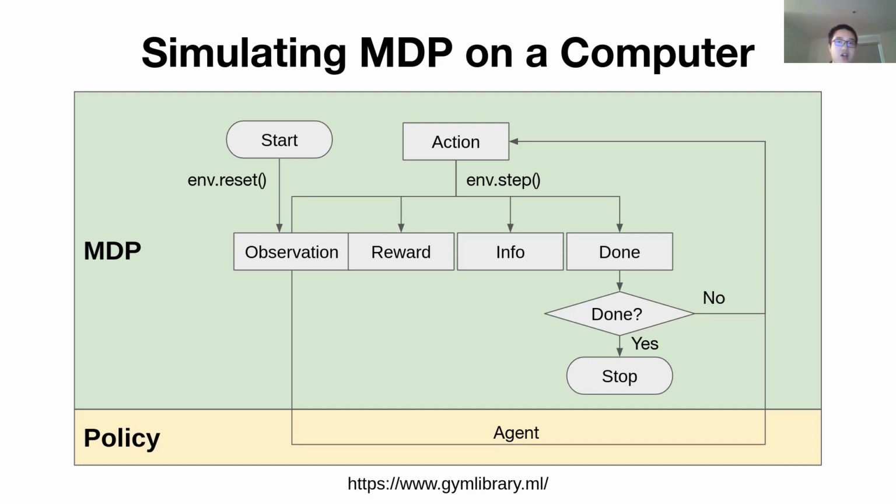And then we call step with the action. The step function is a combination of transition and reward of the simulated MDP. Here, environment builders would implement the reset and step functions. And task solvers would use this MDP to develop policies.